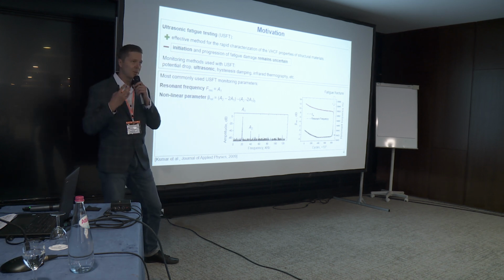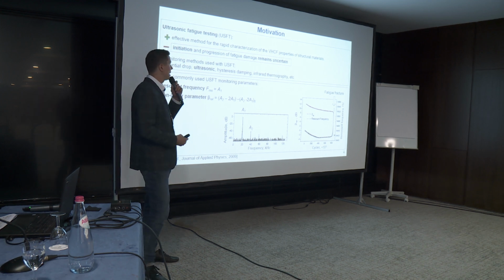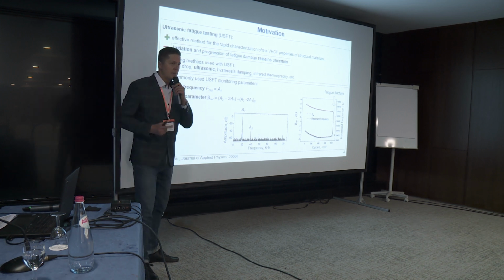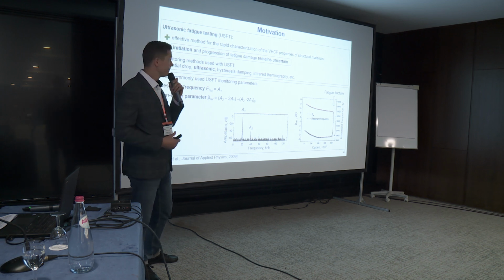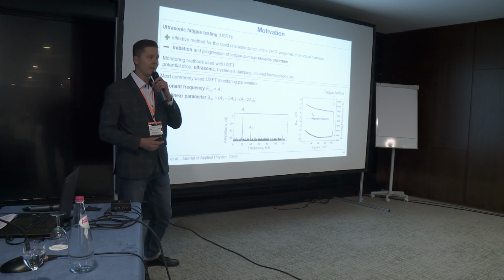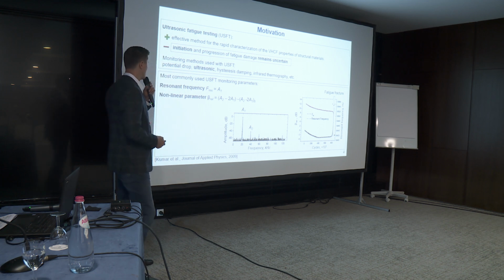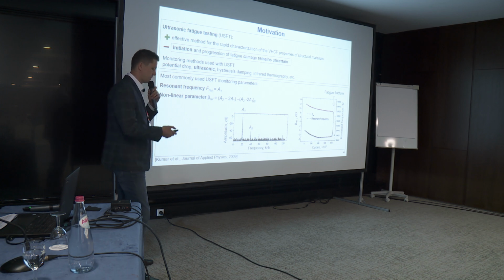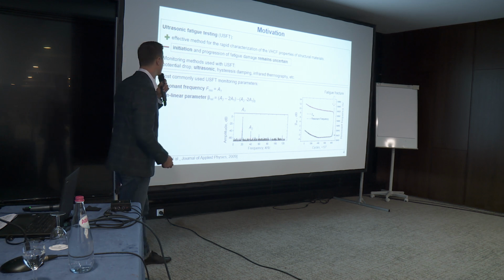we're not really able to see the development of the fatigue crack and the damage accumulation during fatigue crack initiation. That's why most people use additional monitoring methods, and the basis is the resonance frequency and the nonlinear parameter, which is calculated from the first resonance mode and the second one.